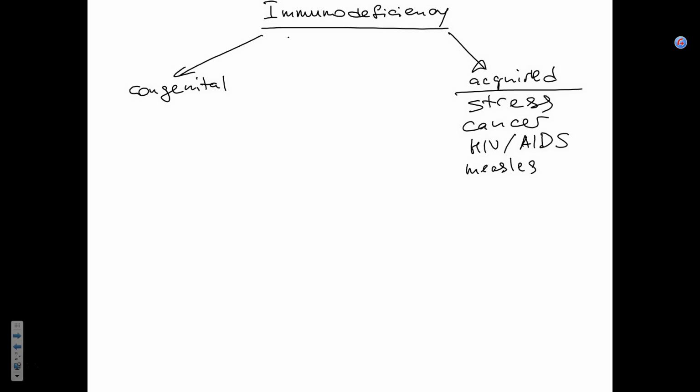So you're going to tell me what two big mechanisms of immunodeficiency you can have if you talk about adaptive. What can you lack? T cells. Okay, you may not have T cells.